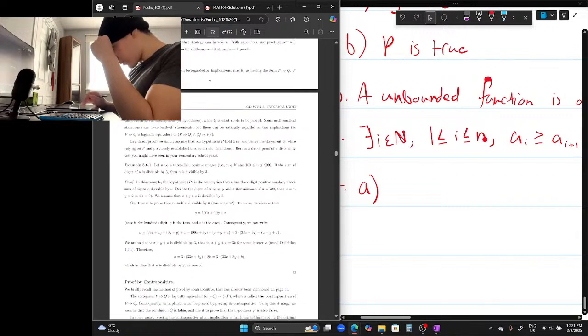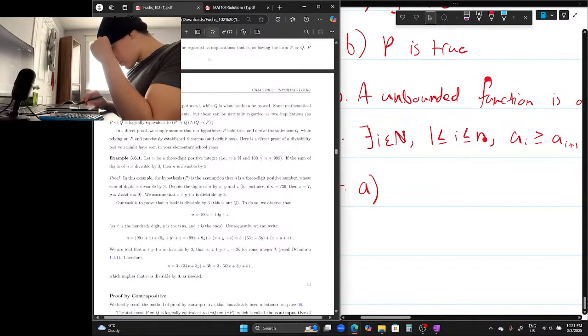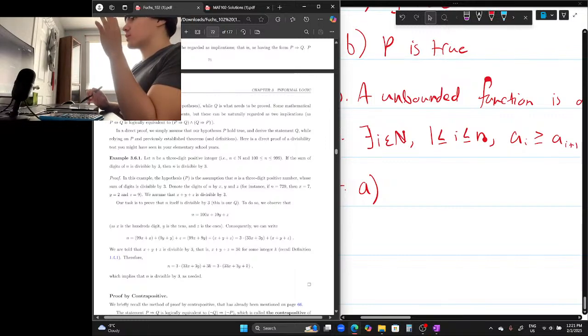P is the assumption that n is a 3-digit positive integer whose sum of digits is divisible by 3. Denote the digits of n by x, y, z. To show that n itself is divisible by 3, we observe that. Okay, wait.